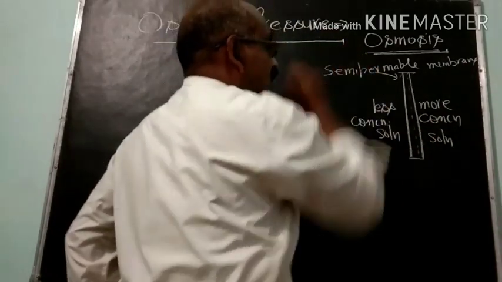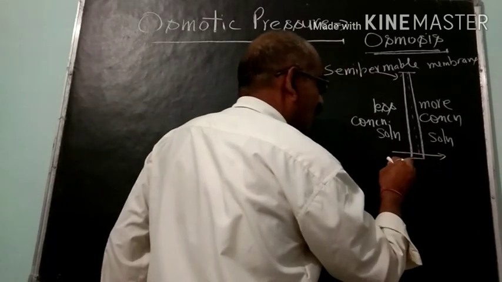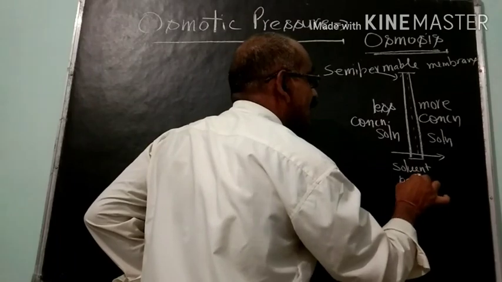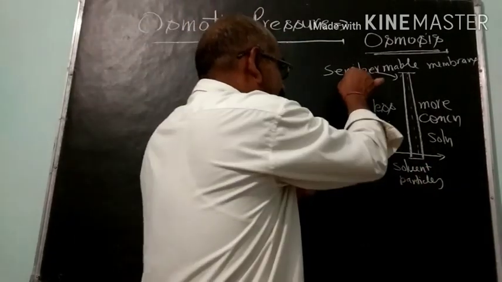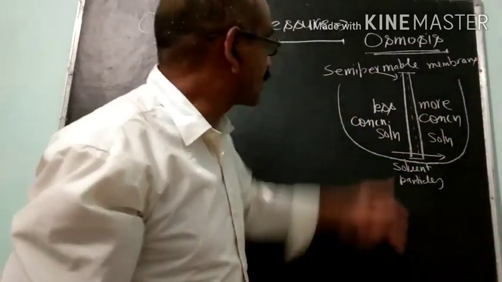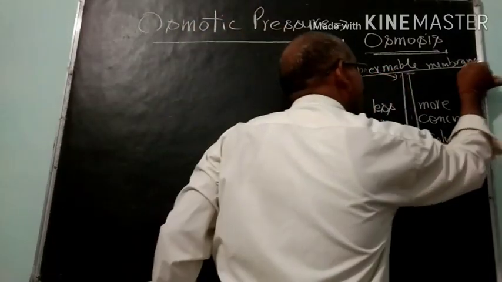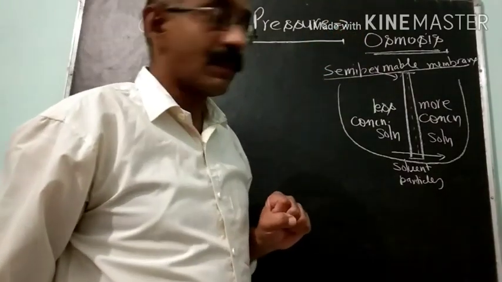So, the osmosis process involves migration of what? Solvent particles from less concentrated solution to more concentrated solution through this semi-permeable membrane is called osmosis.